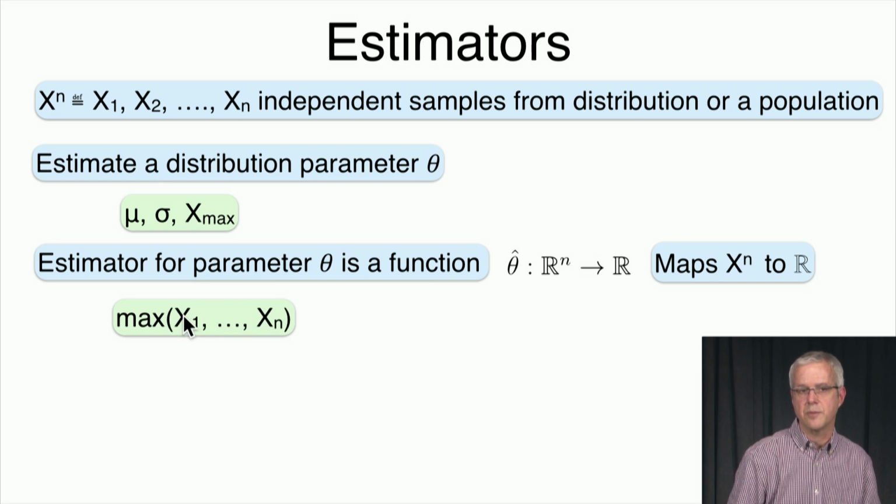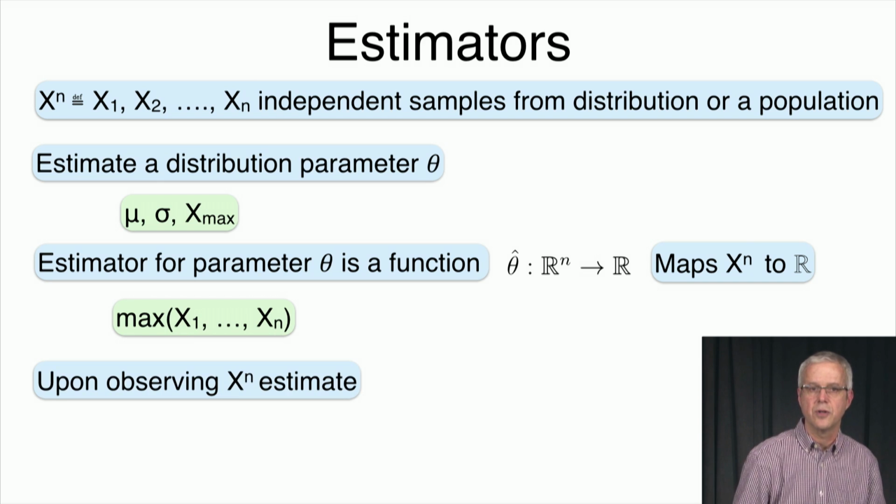If we took n samples to get x1 up to xn, we can take the maximum value that we observed, or we can take the average. So any of those is an estimator. It just maps the observations to some value. And upon observing a sequence x^n, we're going to estimate the value of the parameter by looking at this function theta hat, and applying it to x^n.